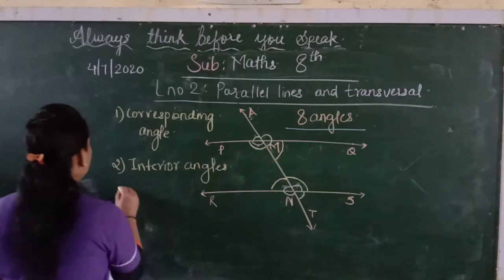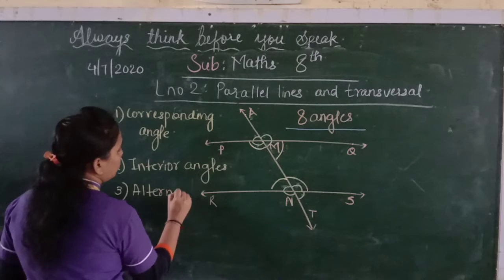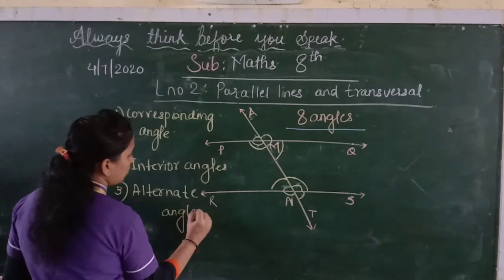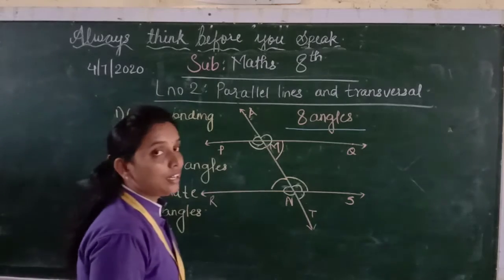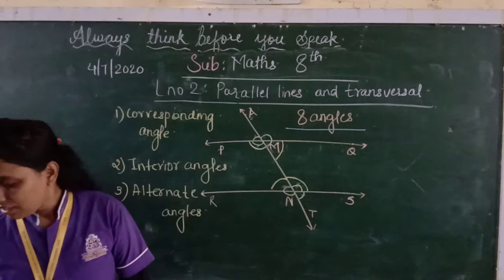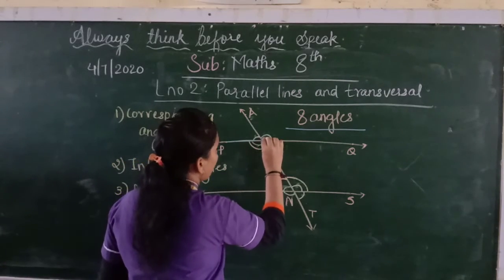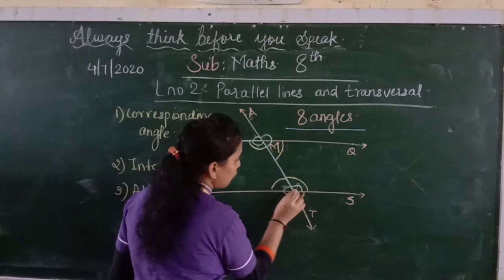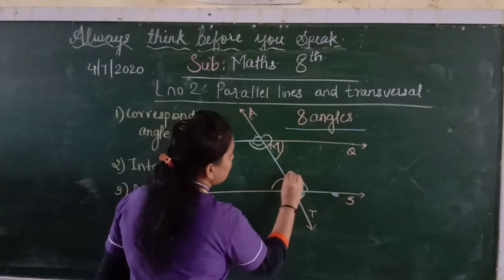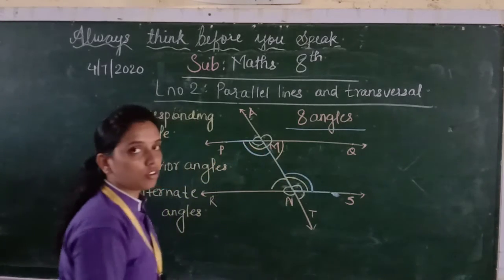Now third we have alternate angles. The alternate angles are on the opposite sides of the transversal. And the easy way to know them is they form the corners of the letter Z. If this is the Z, this is one corner and this is the second corner.